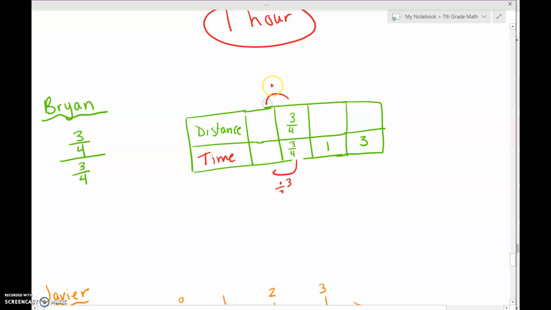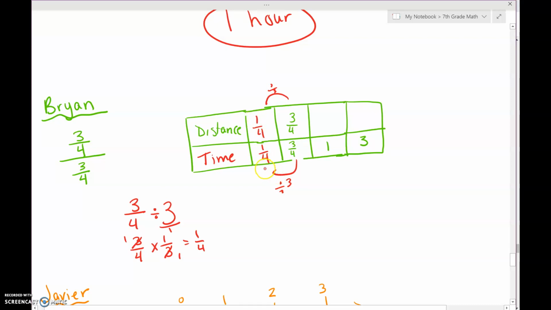And then I'm going to divide by 3. So 3/4 divided by 3, because I need to break it into 3 groups, I can rewrite that as multiplication. 3/4 becomes times. Remember, our 3 is always over 1. So 1/3. I have common factors I can cancel out of 3. 1 times 1 equals 1. 4 times 1 equals 4. So I get 1/4. And hey, look, I only had to do the math once because it's the same.